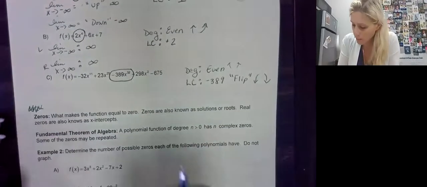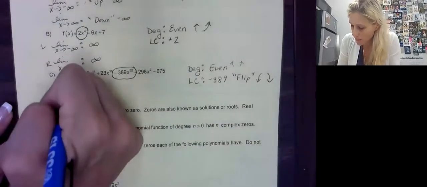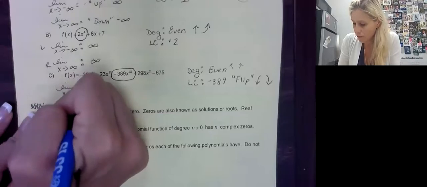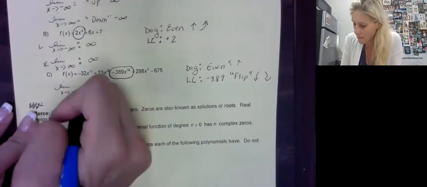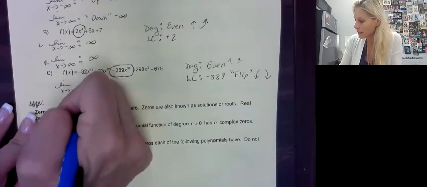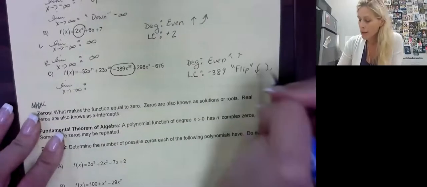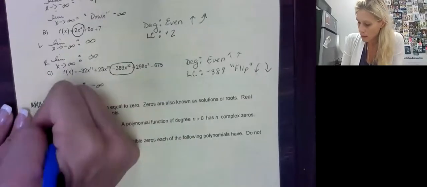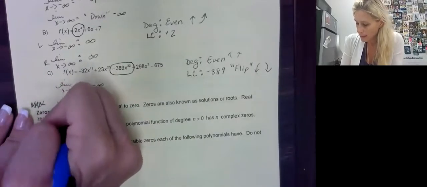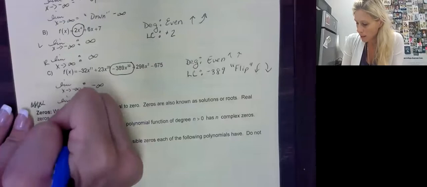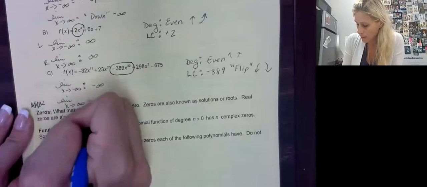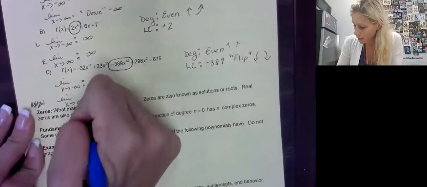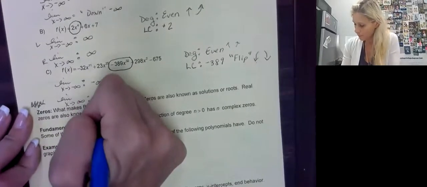Let's write our limit notation. Limit as x approaches negative infinity, which is the left side. The left side is going down. Down means negative infinity. Limit as x approaches infinity: the right side is going down, and down means negative infinity.